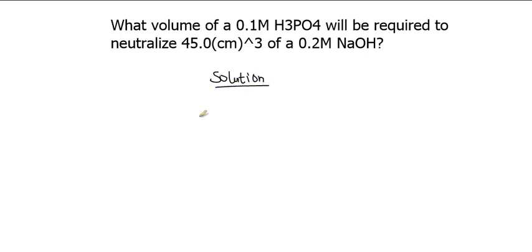From the given question, we are dealing with a neutralization reaction. That is, we have our acid and we have the base. So the first thing to do is to write out the chemical equation. We have the acid first, that is phosphoric acid, H3PO4, reacting with the base sodium hydroxide to give us salt.